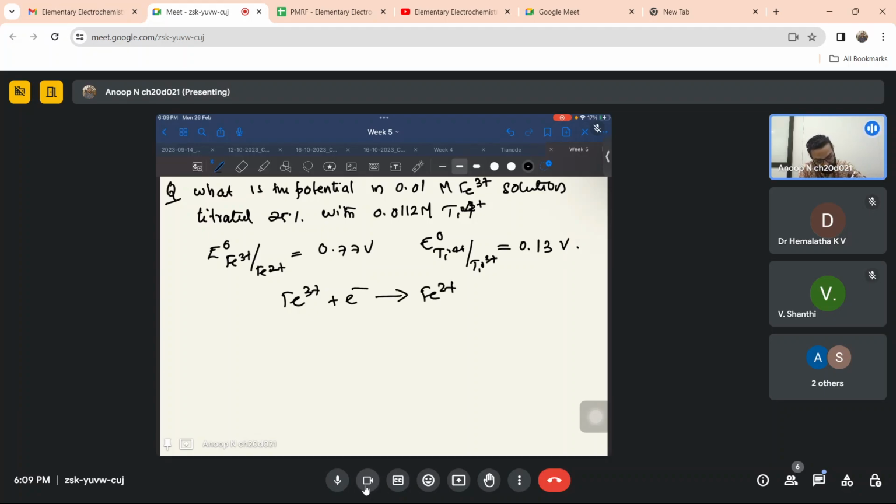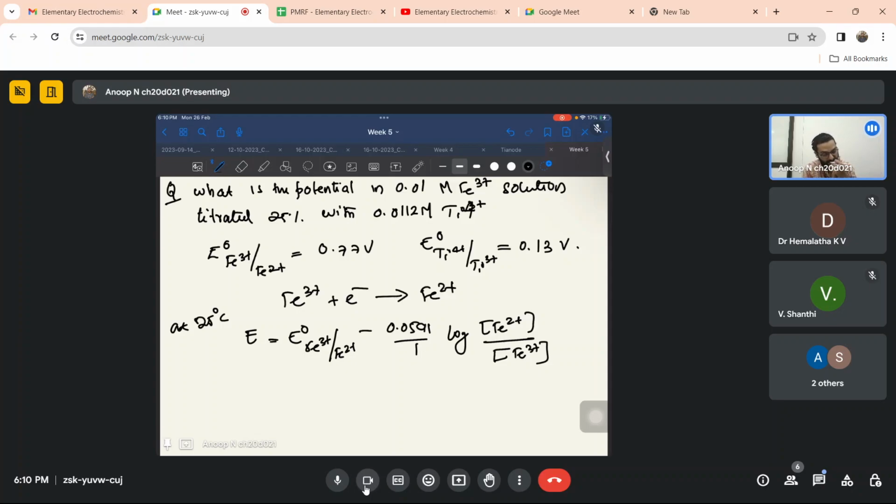So E is equal to E0 Fe3 plus/Fe2 plus minus, at 25 degrees centigrade, 0.0591 divided by 1 log of concentration of Fe2 plus divided by concentration of Fe3 plus.